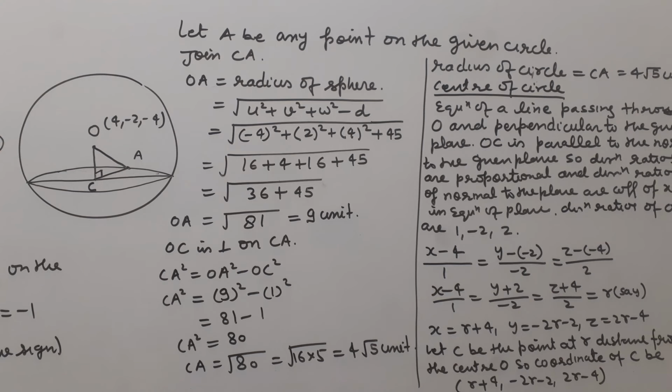Now if we suppose that this point C is at a small r distance from the center of the sphere O, so the coordinates of point C are r plus 4, minus 2r minus 2 and 2r minus 4.